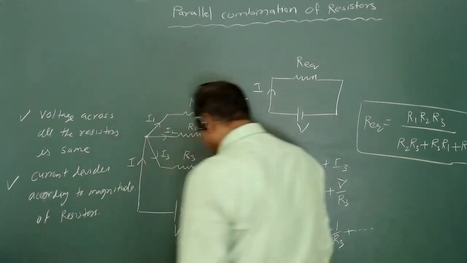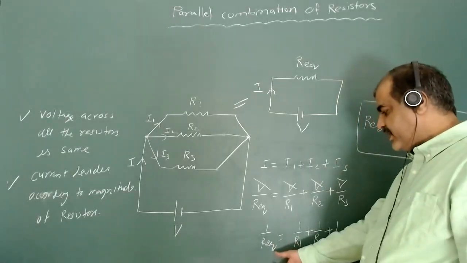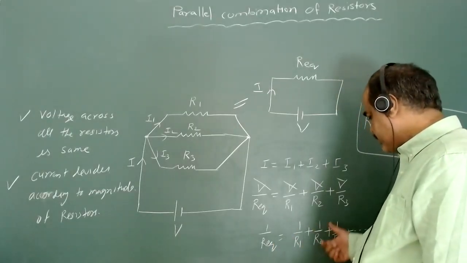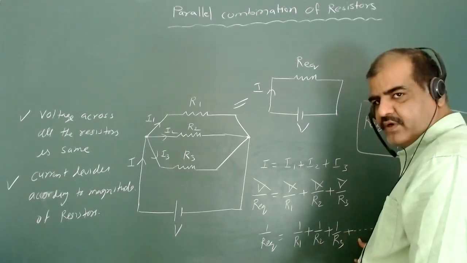And 1 upon R equivalent is 1 by R1 plus 1 by R2 plus 1 by R3 plus 1 by R4, and so on.